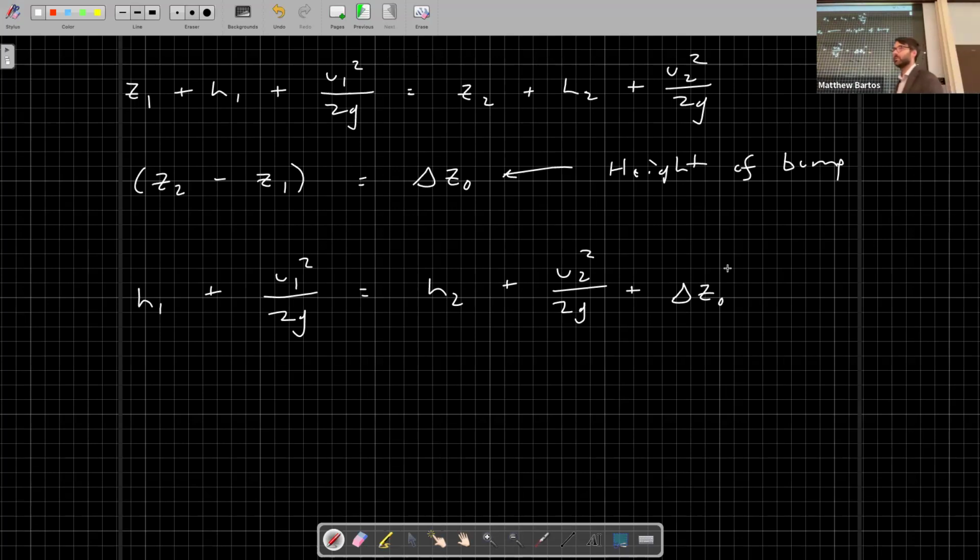And to go any further, we're going to need to add some numbers defining the channel geometry and the upstream conditions.